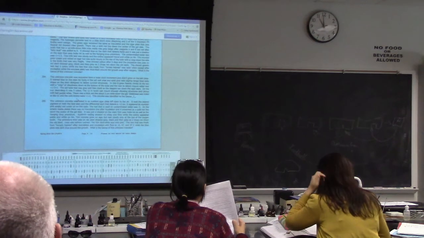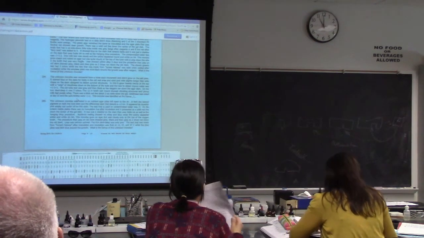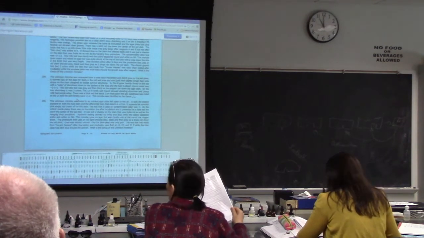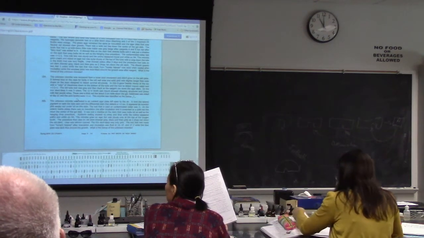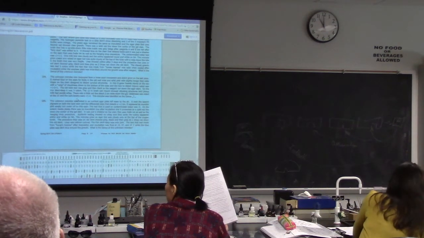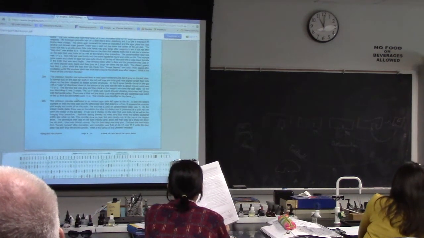Enzyme repression is indirect. Attenuation is indirect. Enzyme induction is indirect. Catabolic repression is indirect. So since the only one there that's direct is feedback, that's it. So least efficient of the direct. Yeah, well, of the list.